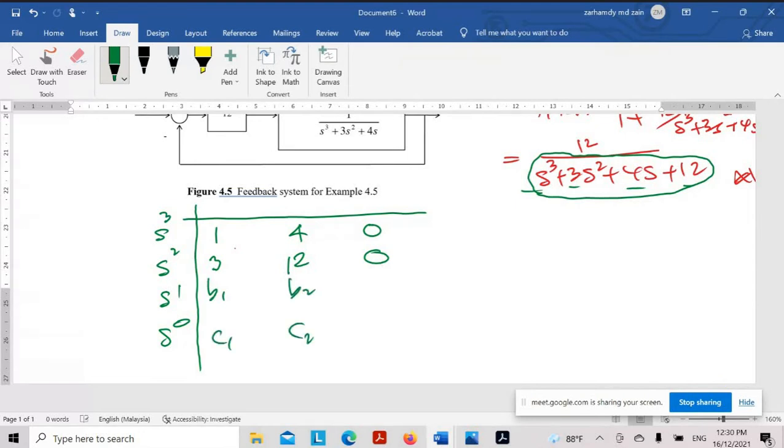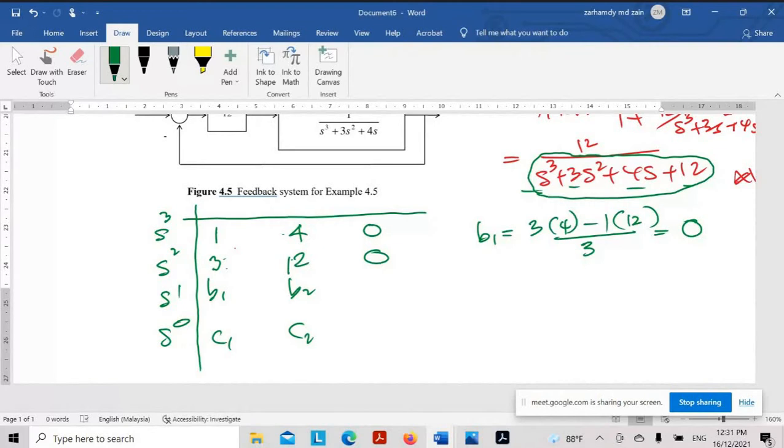Now, follow what we have done before. B1 is 3 multiplied by 4 minus 1 multiplied by 12, divided by 3. So from here it is basically 0, right?